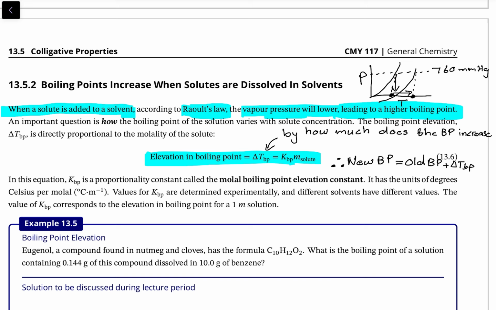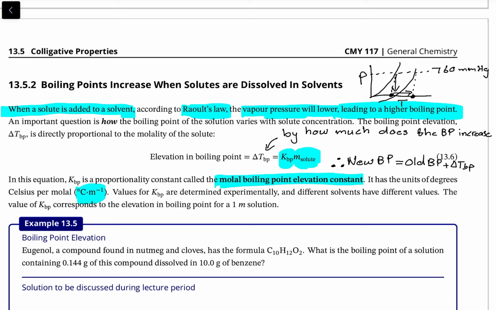So this delta T value is something that we calculate using the concentration, the molality of a solution, and something called the molar boiling point elevation constant. It has units of degrees Celsius per molar, and it's determined experimentally for different solvents, and it has different values.